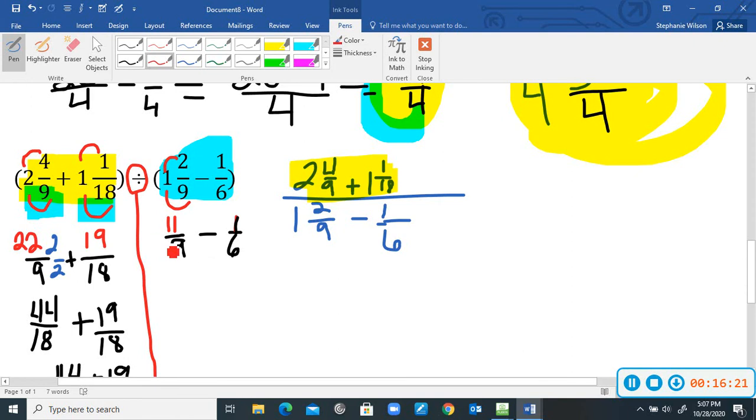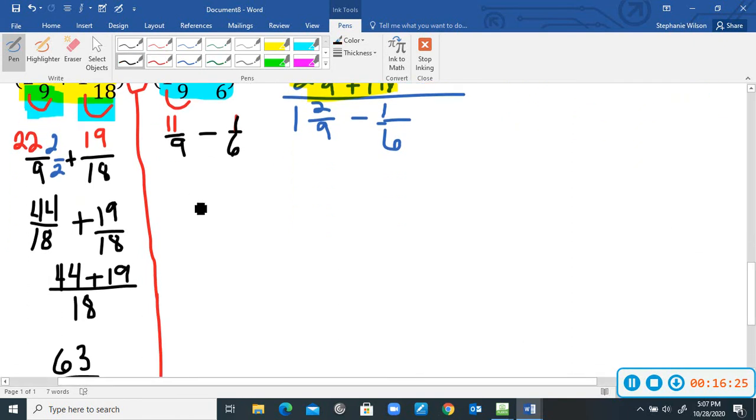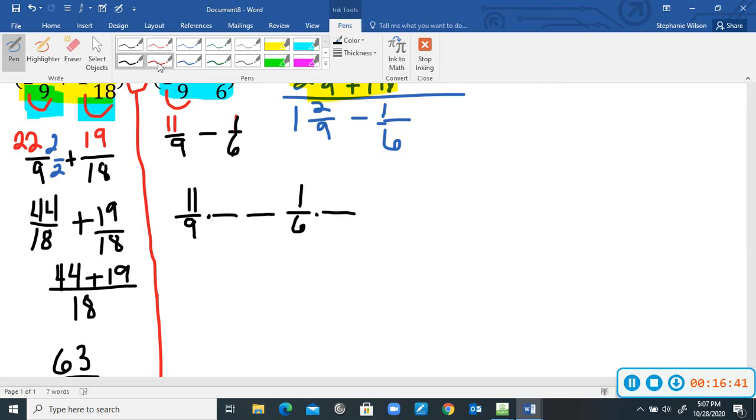So let me take this 11 ninths. I'm going to multiply it by something to get 18 in my denominator. And I'm going to take this 1/6 and multiply it by something to get 18 in the denominator. So I know 2 times 9 is 18, so I got to multiply the top. I know that 6 times 3 is 18, so I got to multiply the top.